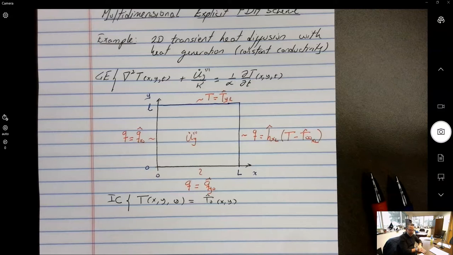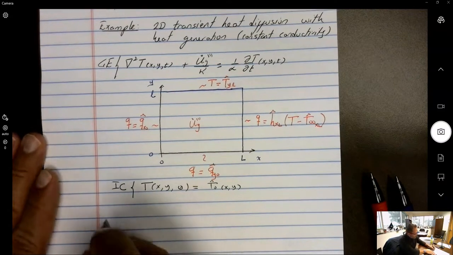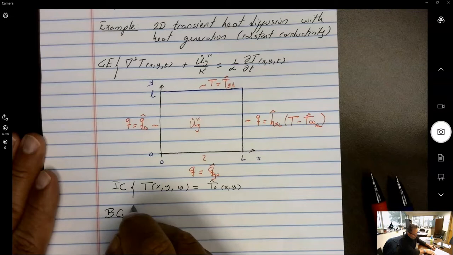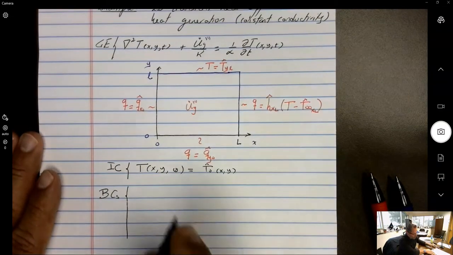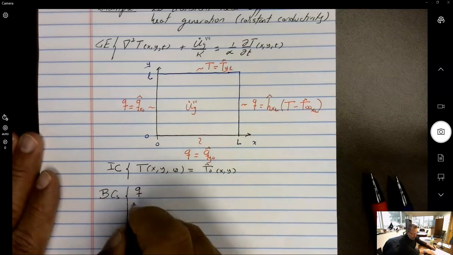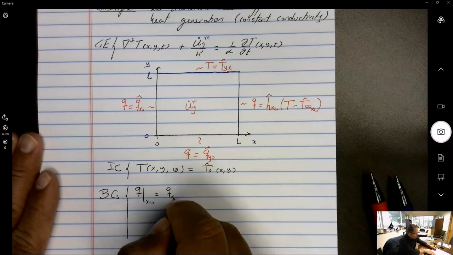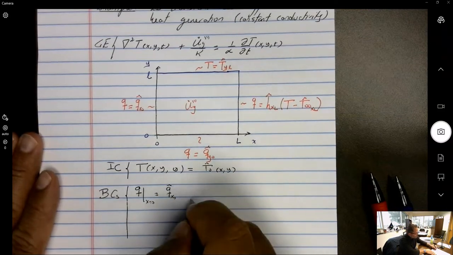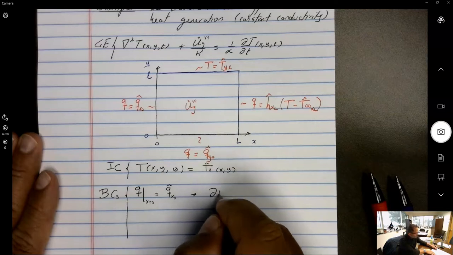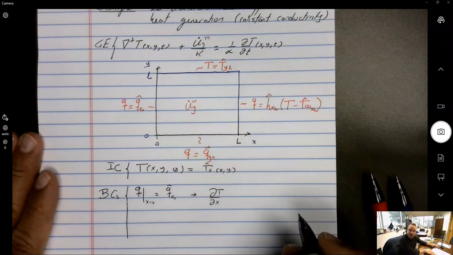So the boundary conditions, if we formulate the ones that are given here in the illustration: q at x equals 0 is q_x0. It's a given value. And what that means, basically, is that we've already gone through the formulation of the boundary conditions.